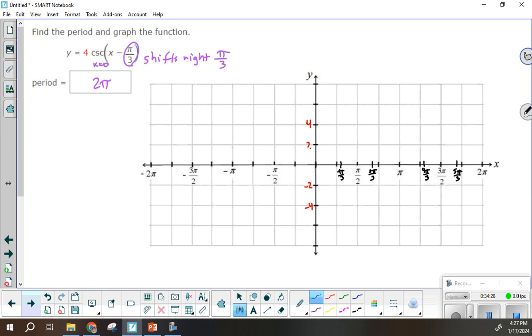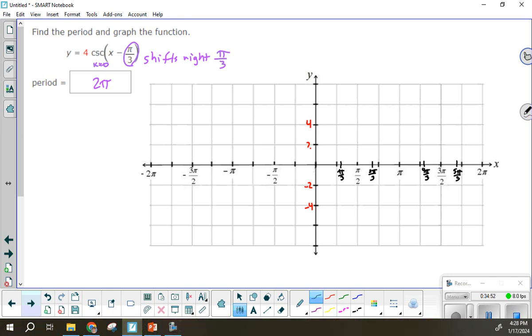So we are shifting. Typically where sine begins at 0, 0, because cosecant's the reciprocal of sine, we're going to begin at pi/3. So everything's going to be shifted to pi/3. I should probably keep going over here somewhere.